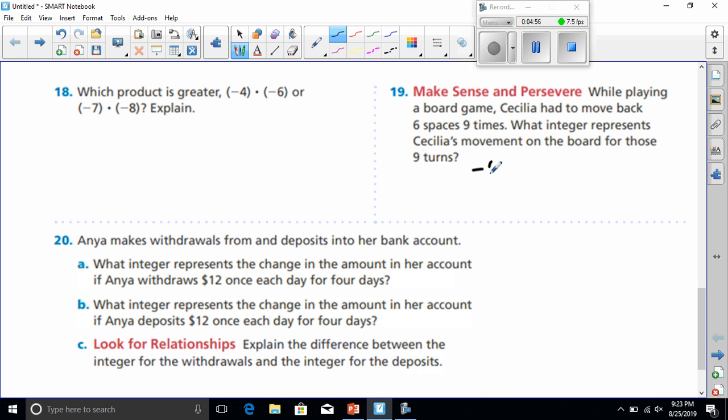And since it's 9 times, you're multiplying negative 6 times positive 9. Well, a negative times a positive will give us a negative answer, and 6 times 9 is 54. So I would have to say our answer is going to be negative 54.